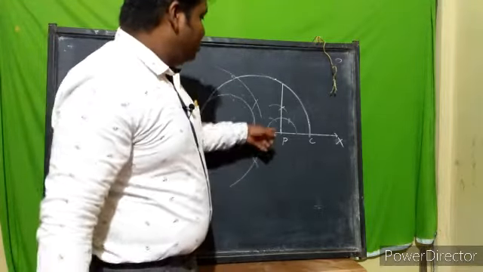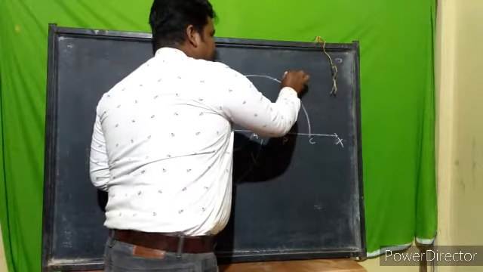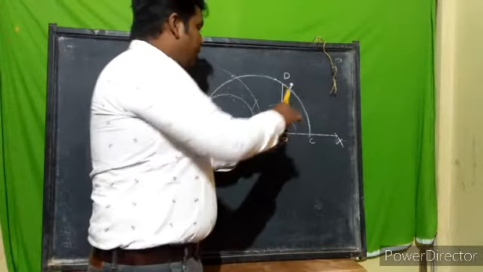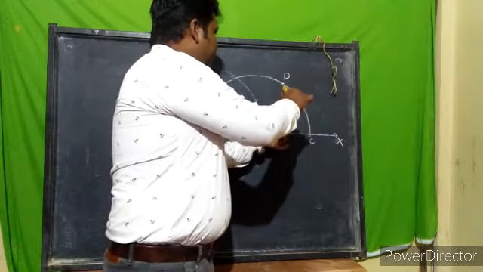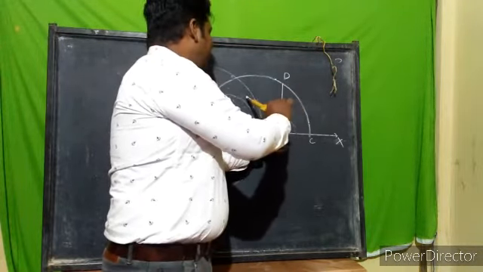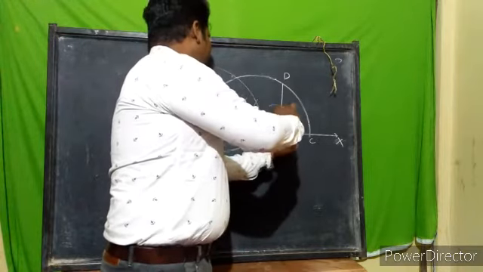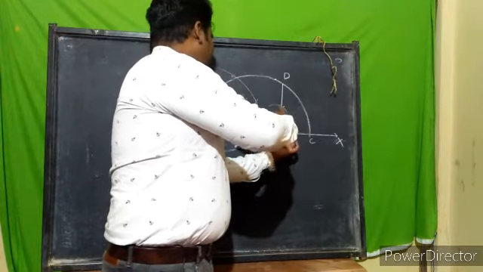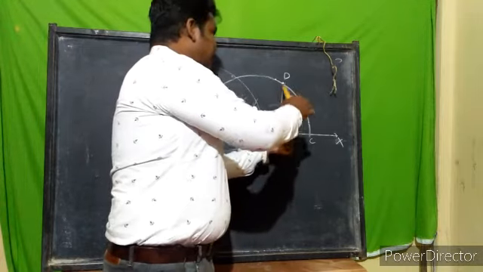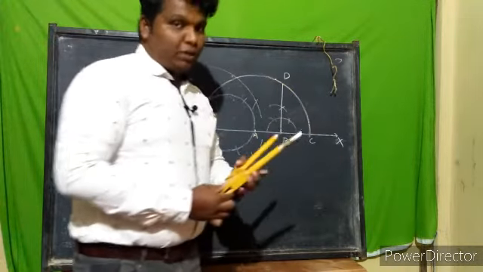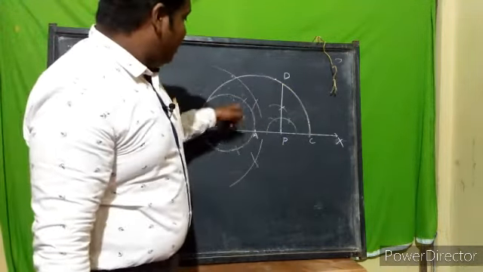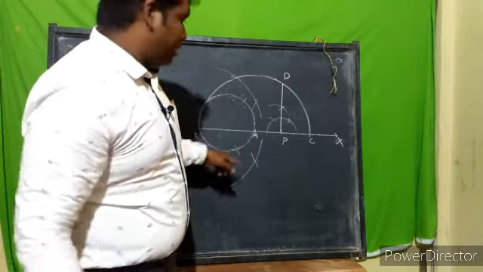Now, what do you have to draw? Take this as D. Now, from P to D, take this measure and just cut the circle from P. Taking that as radius. इतना radius लेना है, P से D तक जो है उतना radius लेकर के P से आपका circle को cut करना है.